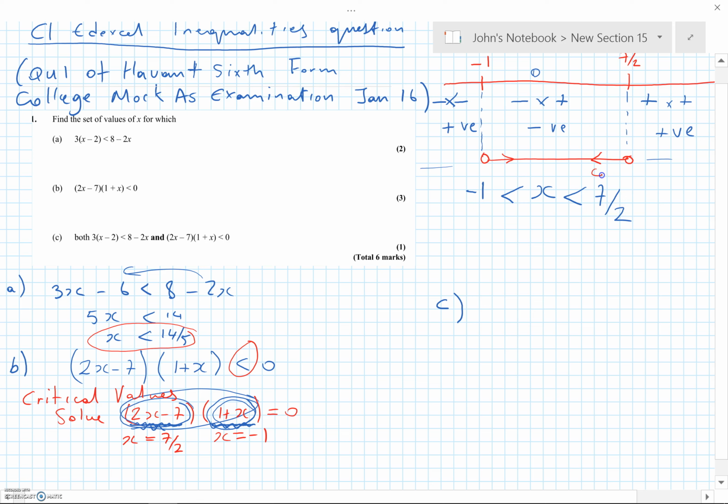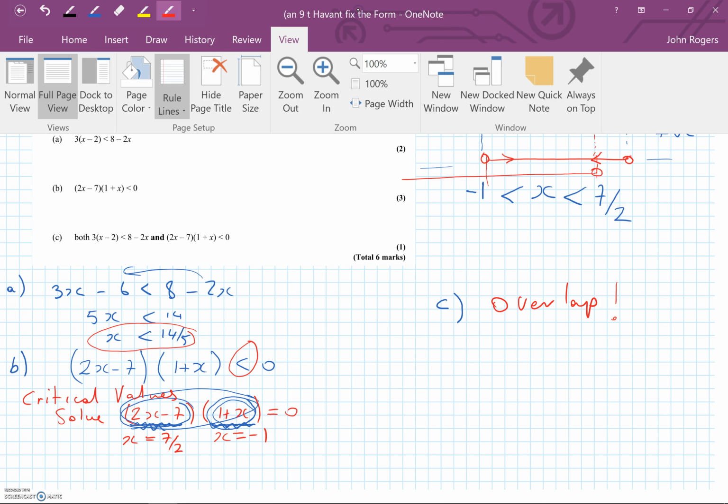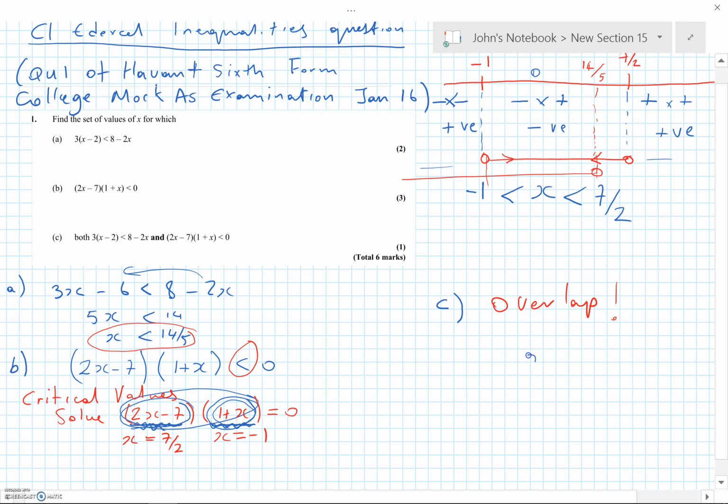It's 2.8 if you work it out, and this here is 3.5. So we're looking for the overlap, where it's both of these things. That just means where both of them are true. So that's x is less than minus 1 and x is less than 14 over 5.